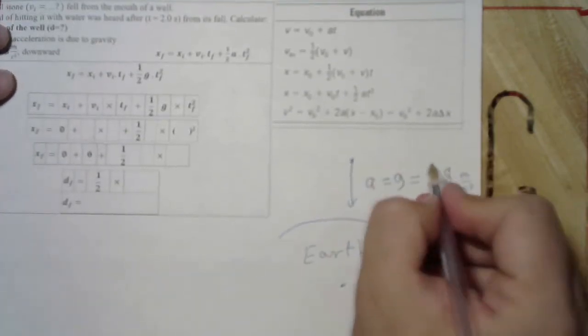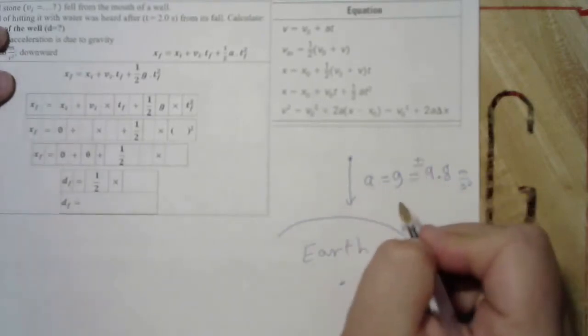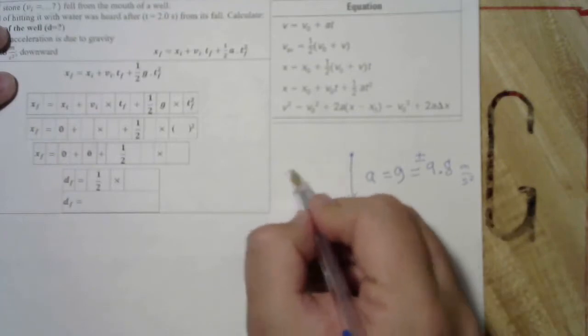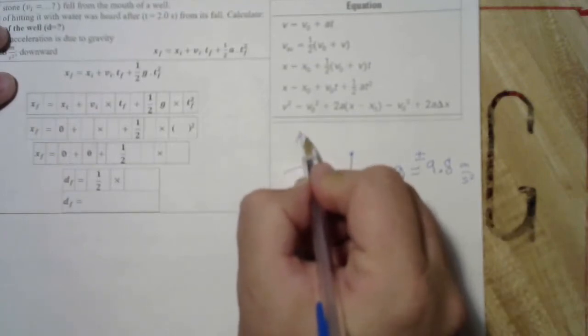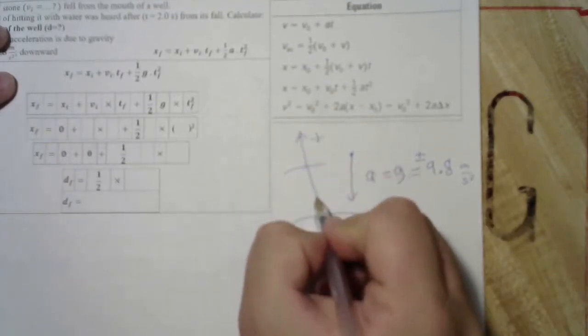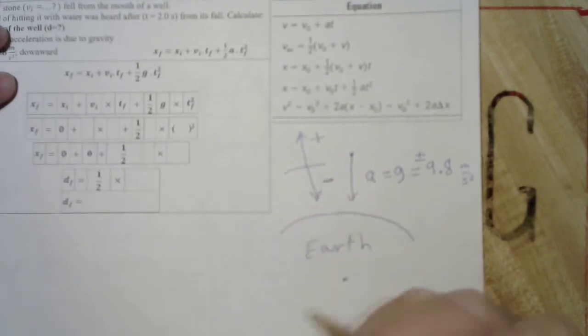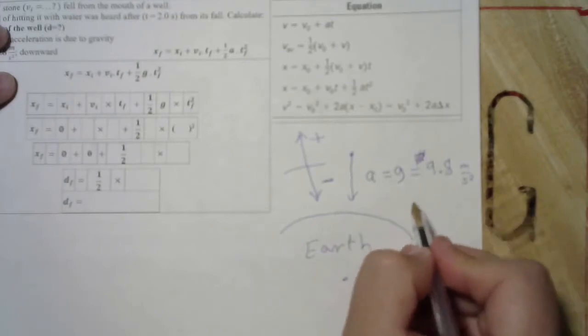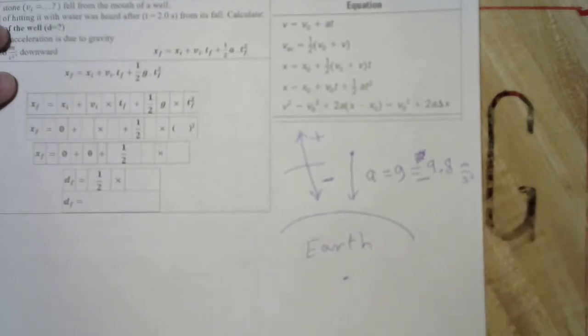That depends, I can take it positive or negative, but in general we take the upward in positive direction and the downward in negative direction. So I will take g is equal to minus 9.8.